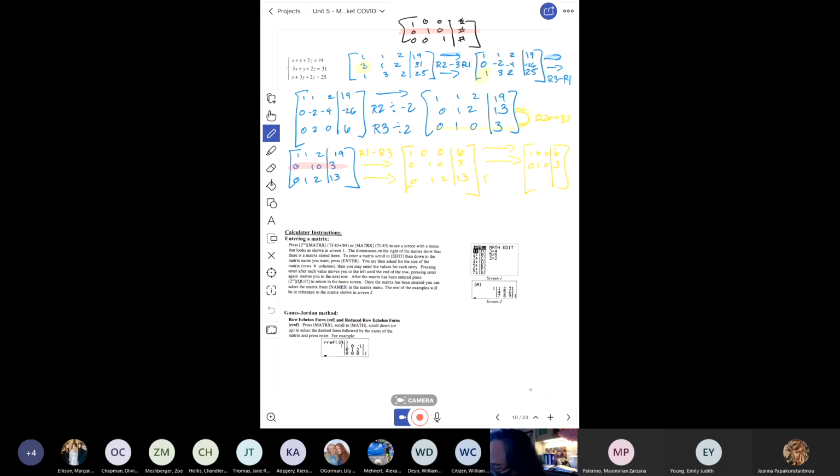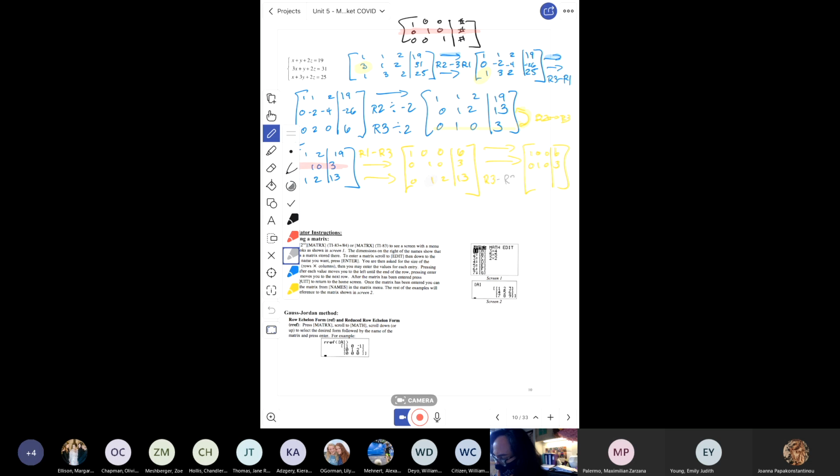That's undefined. I want a 0 here. Not row 1. Not times row 2. Row 3 minus row 2.